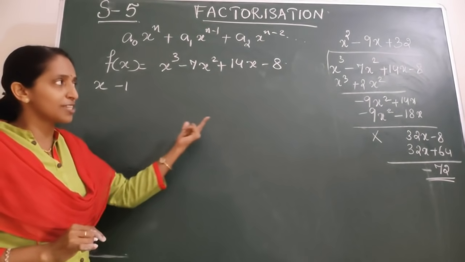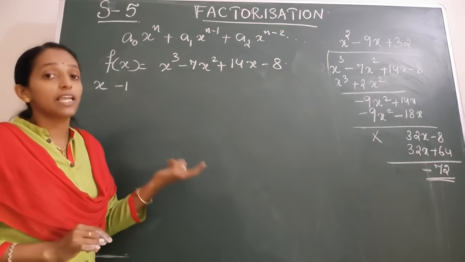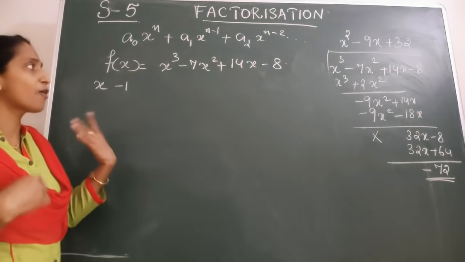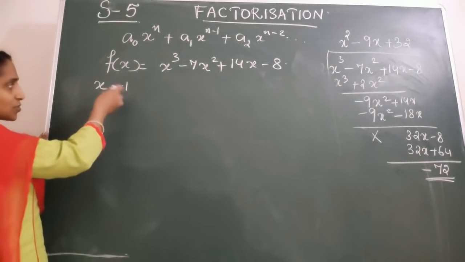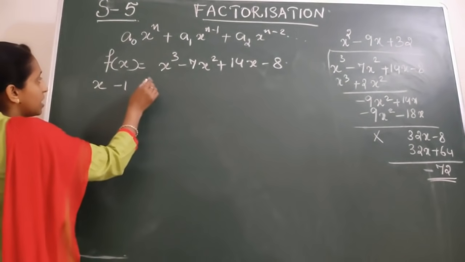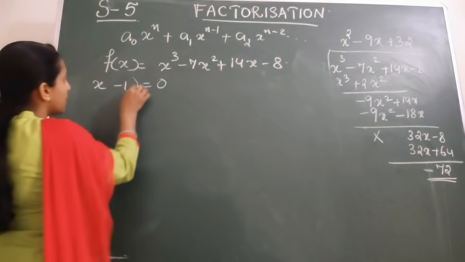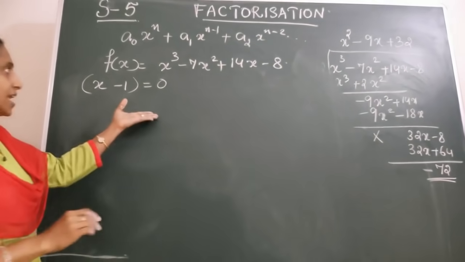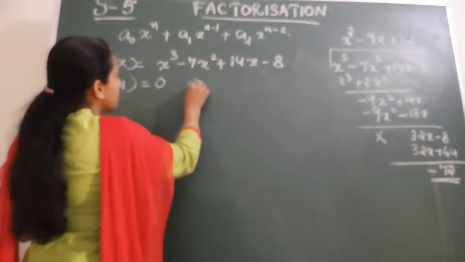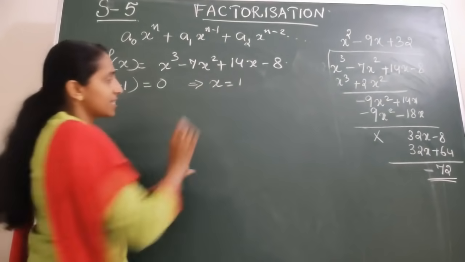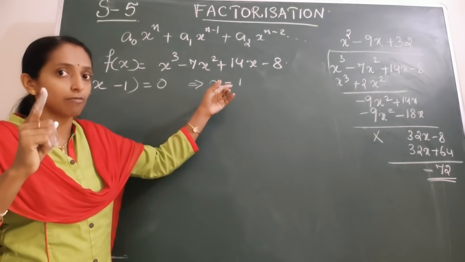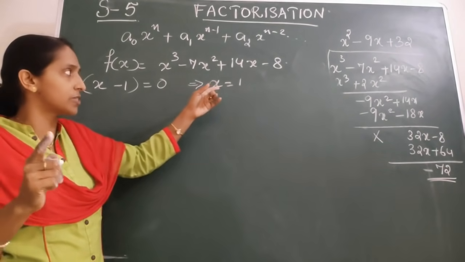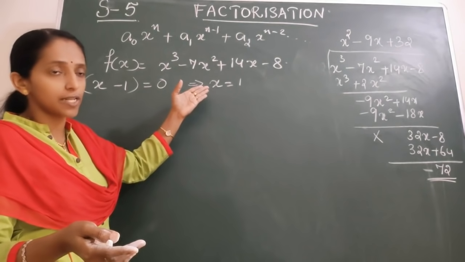We would check it by the division method. Instead of that, here we have another method without division. x minus 1 is a factor if and only if, when we equate x minus 1 to 0, we get the value of x. That implies x equal to 1. Do you remember the roots of the quadratic equation I told you about, or the solutions of the quadratic equation?